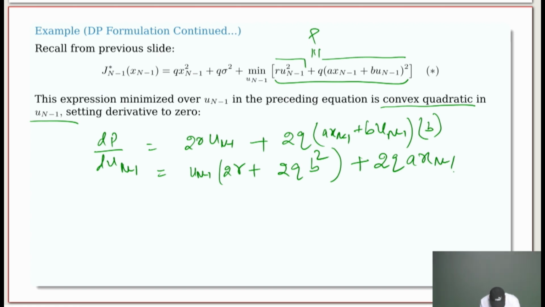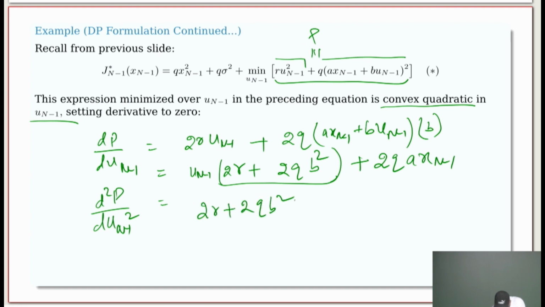This simplification helps me locate where u_{n-1} is, and then we can go ahead with one more derivative. So d2p by du_{n-1}^2 is 2r + 2q b^2, and the other term is a constant, so its derivative with respect to u_{n-1} is 0.